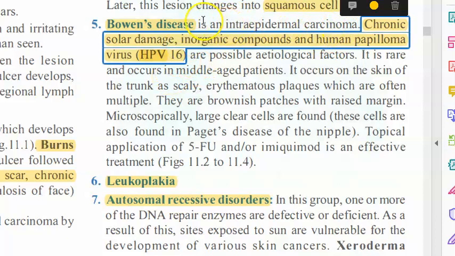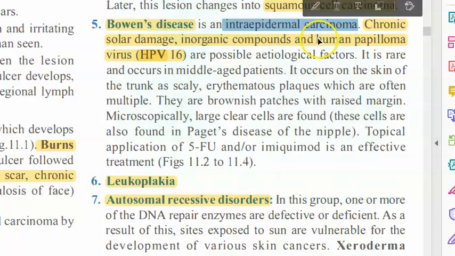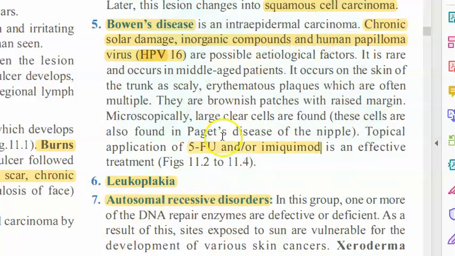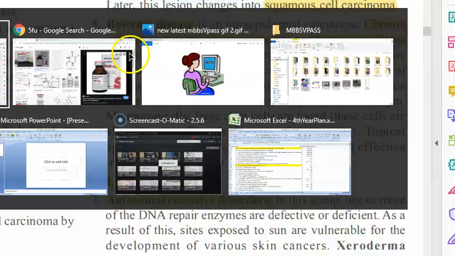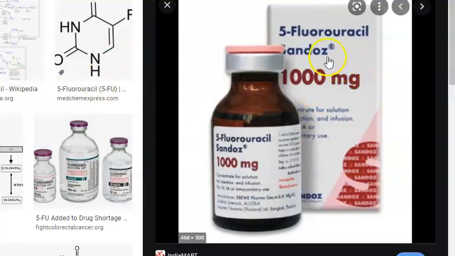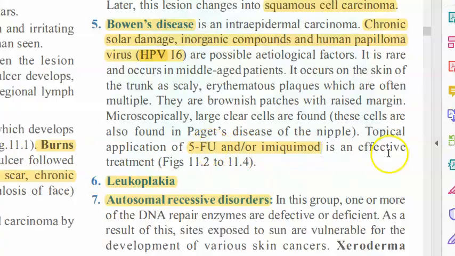Though the sentence says it is carcinoma, it is actually pre-malignant. That's what they're trying to say here, isn't it? The whole topic is pre-malignant. They are saying for this, the topical application of 5-FU or imiquimod is an effective treatment. Look at this image here. This is 5-fluorouracil, 5-FU. So they can give all this for this condition.